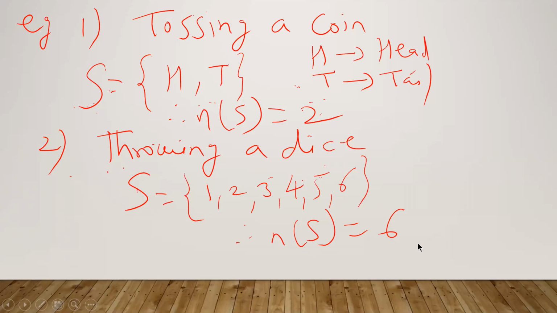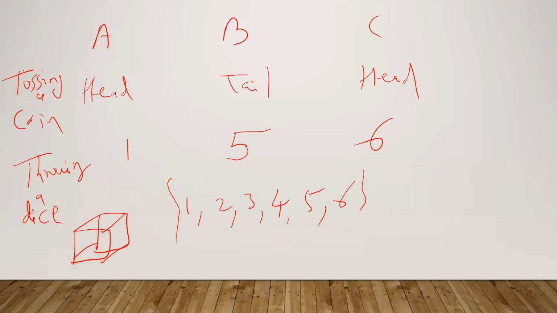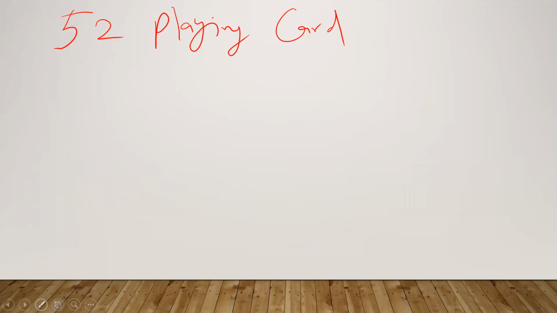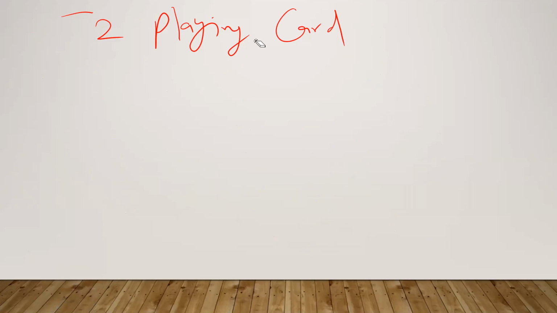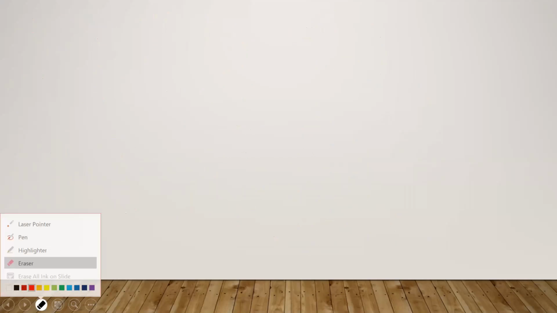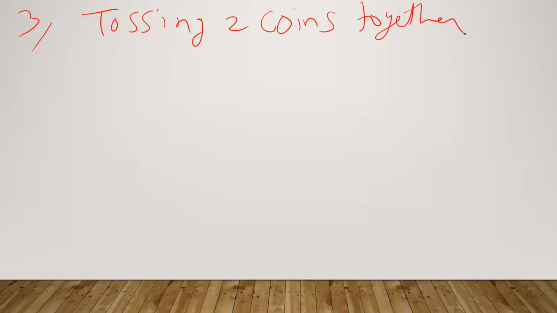Let us take the example of tossing 2 coins. Suppose I want to write down the sample space of tossing 2 coins. The third experiment I am taking is 2 coins together. If you are tossing 2 coins together, what will be the possibilities?